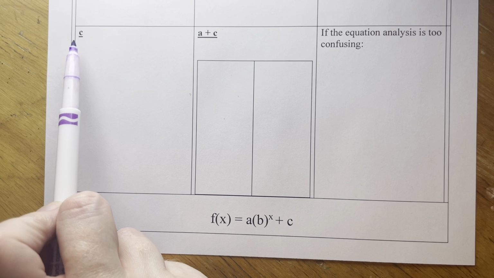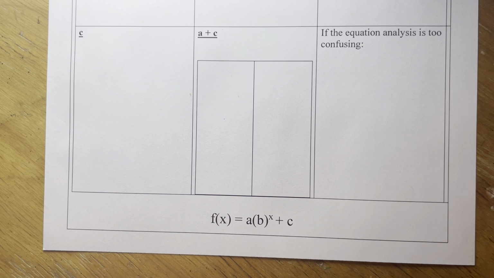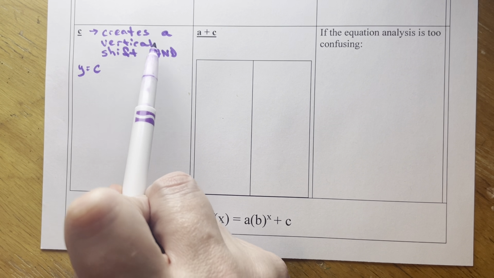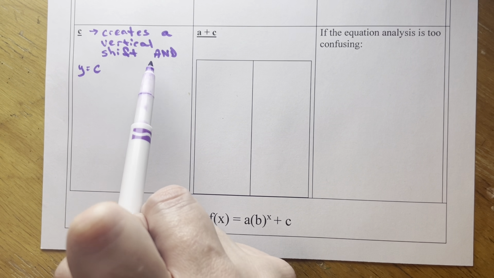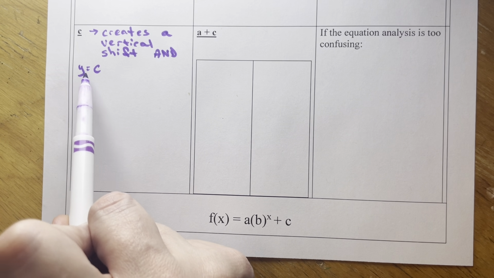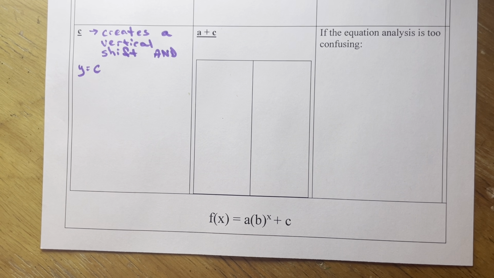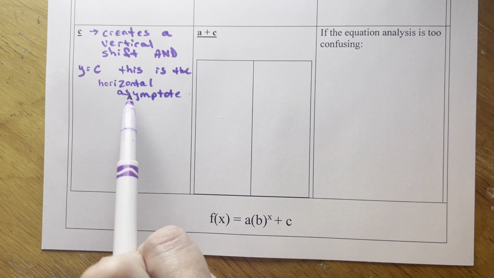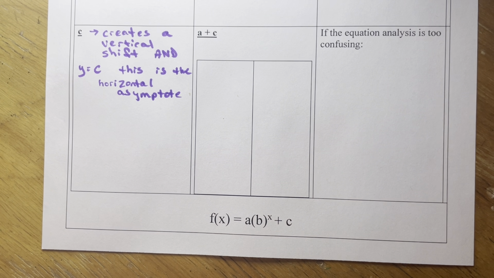Now let's talk about c from our parent function. So c creates a vertical shift, and it is something very important, with y equaling c, as this is the horizontal asymptote. So we have a new vocabulary word, asymptote.